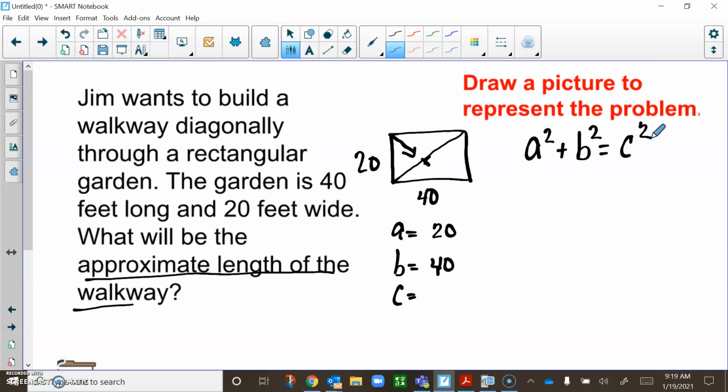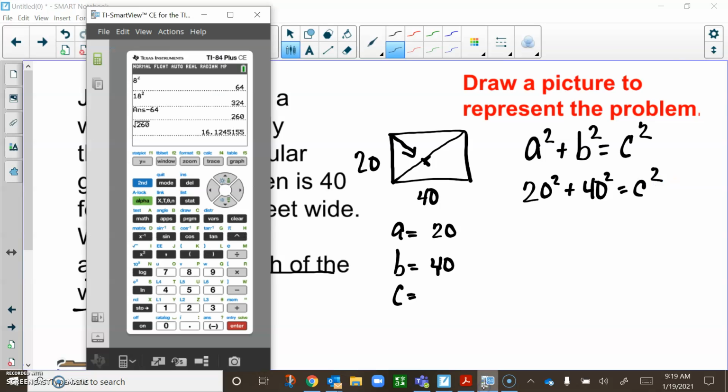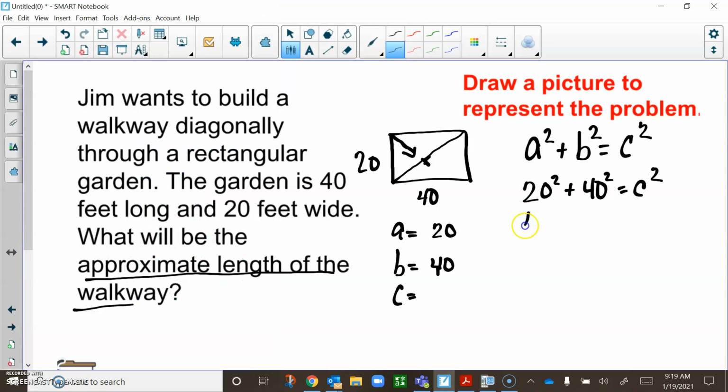I am going to substitute. So I have 20 squared plus 40 squared is equal to C squared. So we have 20 squared, and then we have 40 squared. So 400 and 1600. So 400 plus 1600 is equal to C squared.